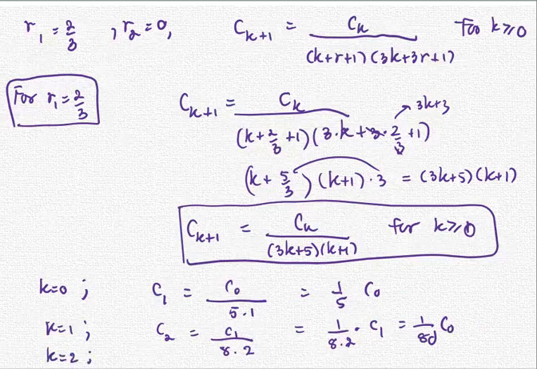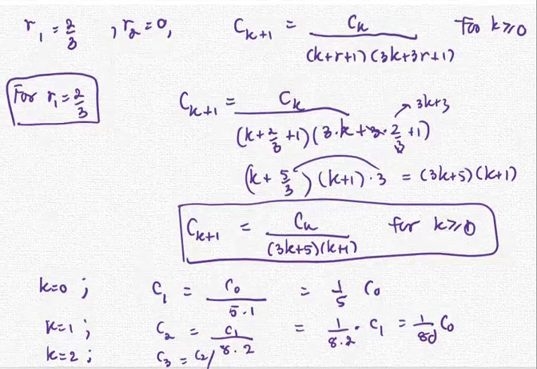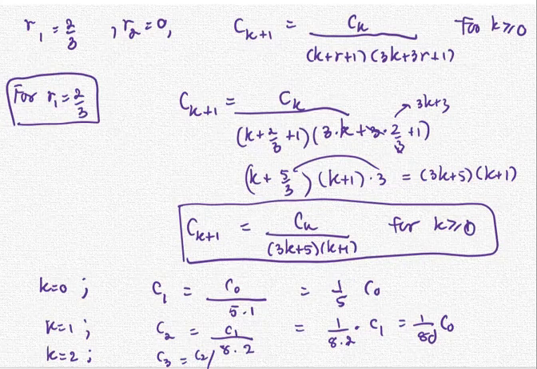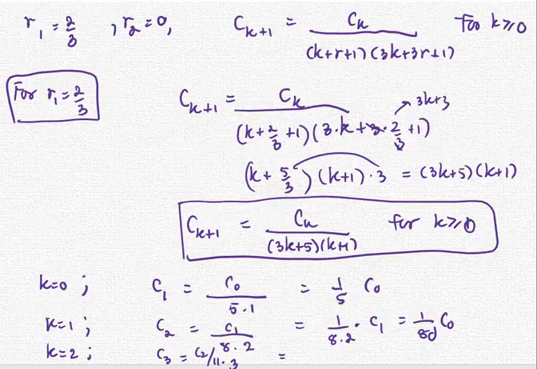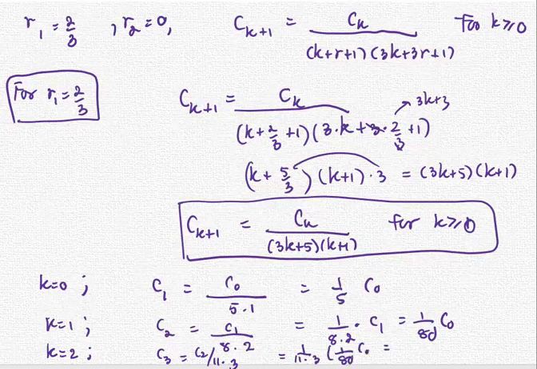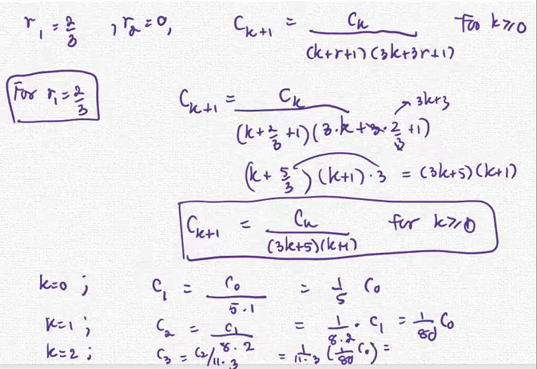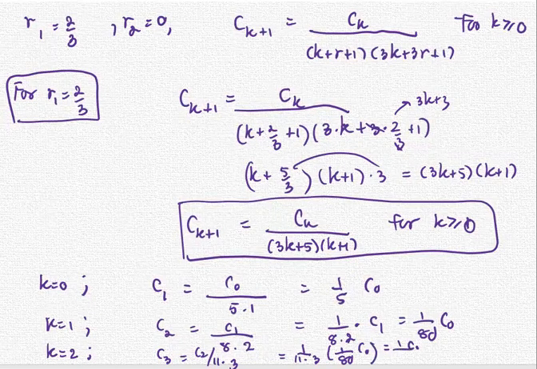For k equals 2, we get c3 equals c2 divided by 11 multiplied by 3, which is 1 over 11 times 3 times c2, and c2 is 1/80 times c0, so we get c3 as 1 over 33 times 80, which is 2640, times c0.